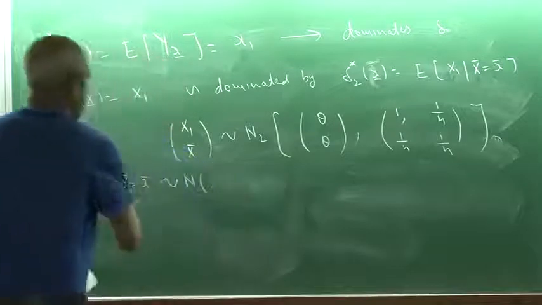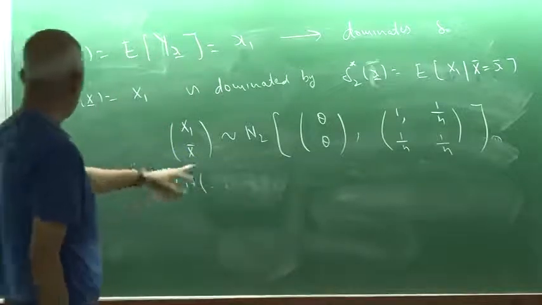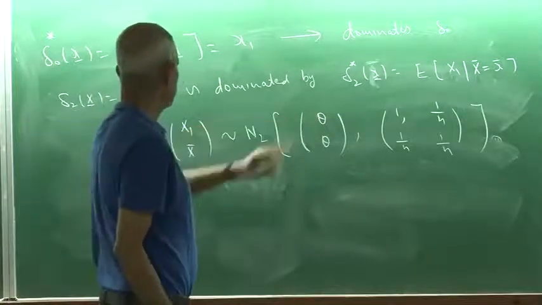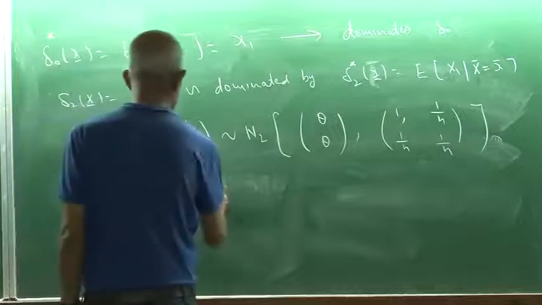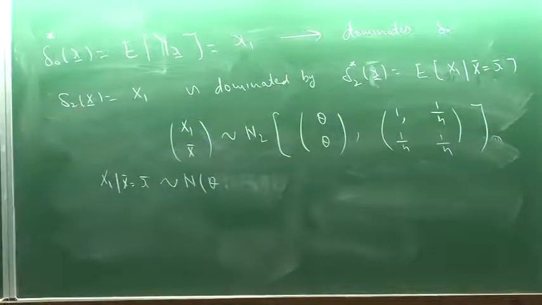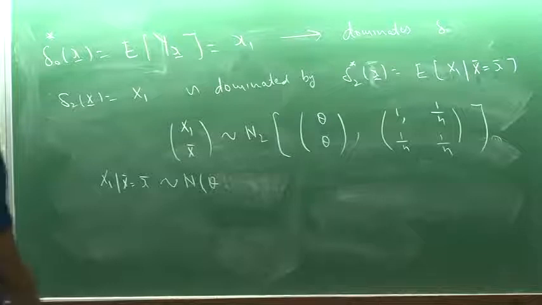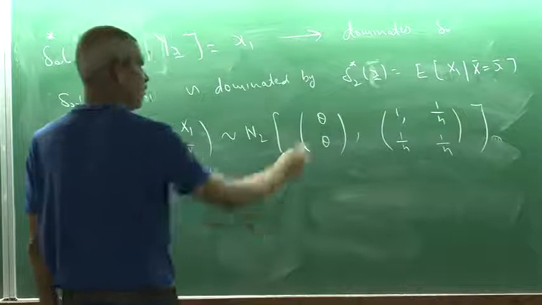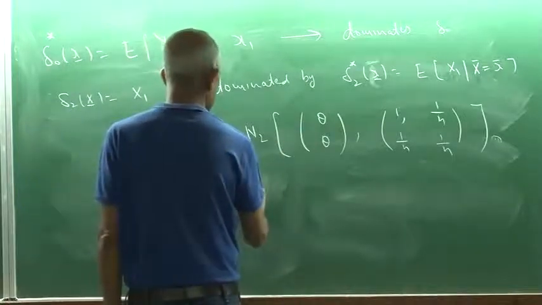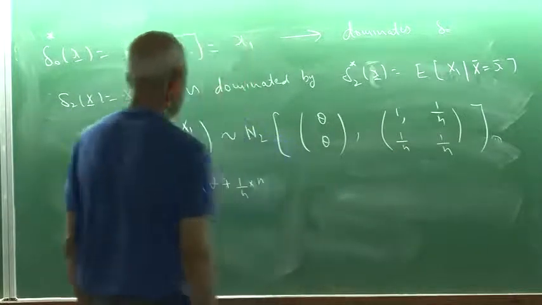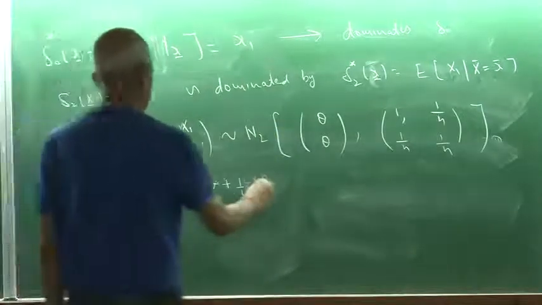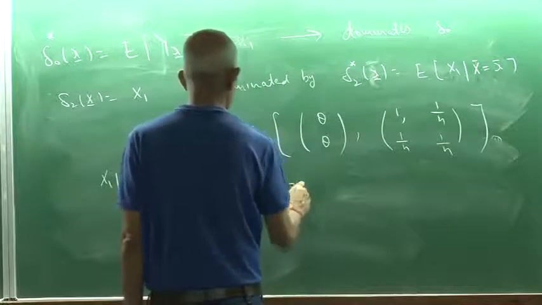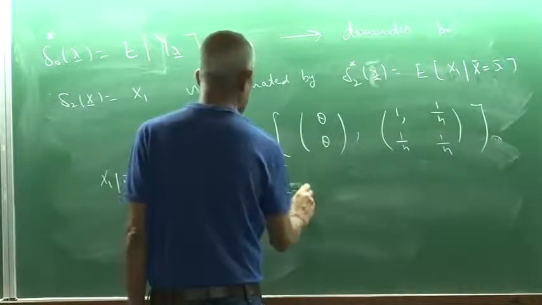If you recall, it would be normal with mean equal to the mean of x1, plus the covariance, 1 upon n, times the inverse of the variance, times x bar minus the mean of x bar, that is theta.